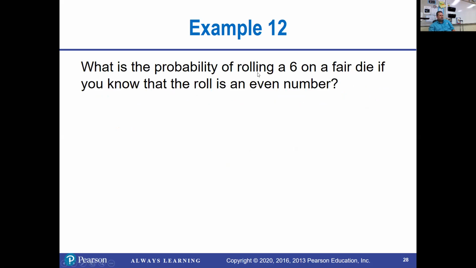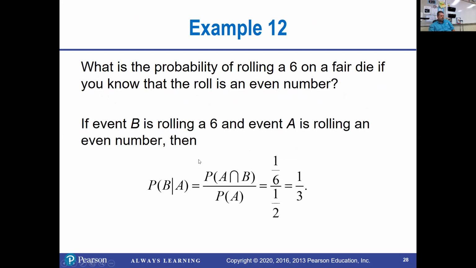What is the probability of rolling a 6 on a fair die if you know that the roll is an even number? Okay, so in this case, probability of the 6 is 1/6, and then if you know when you roll it's going to be an even, you divide it by 1/2 because half of the numbers are even. So you do 1/6 divided by 1/2.